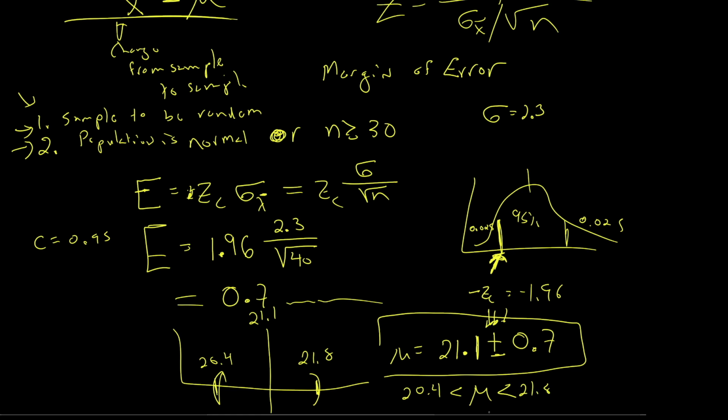And so there's a 95% probability the true value is in between these. Notice what we did. We said, I want to be 95% sure my true value is within a range, and we've now found numbers. So I can say I have a confidence level of 95% that the mean at this conference is 21.1 plus or minus 0.7 hours.